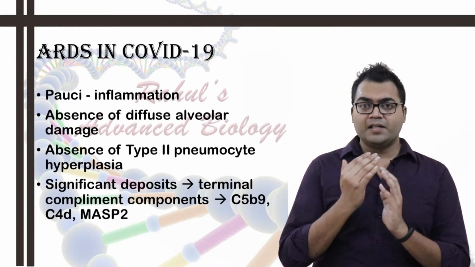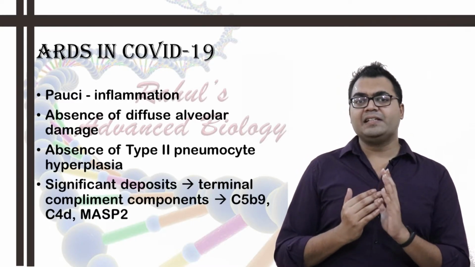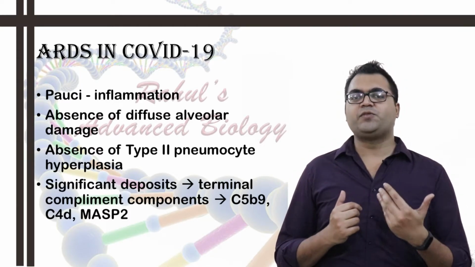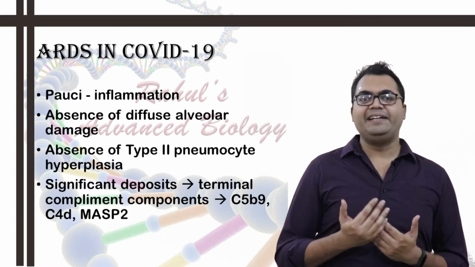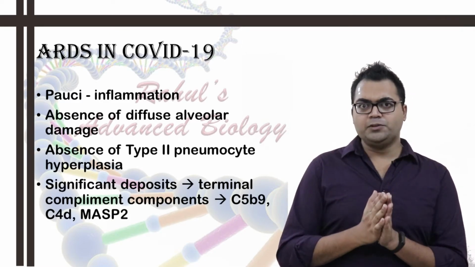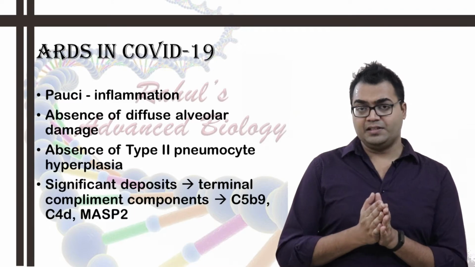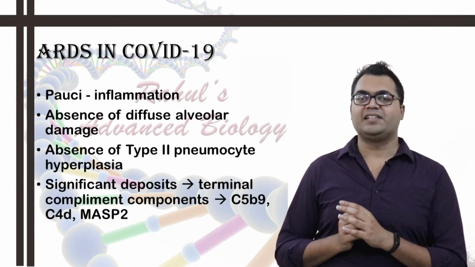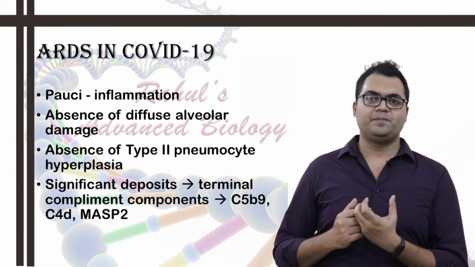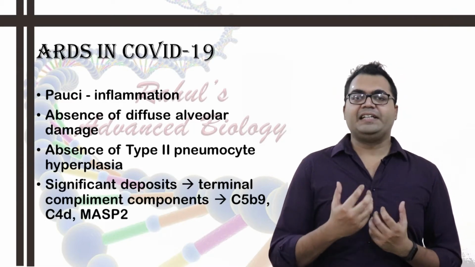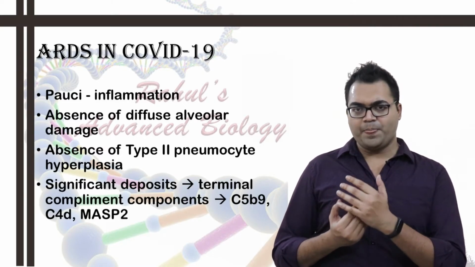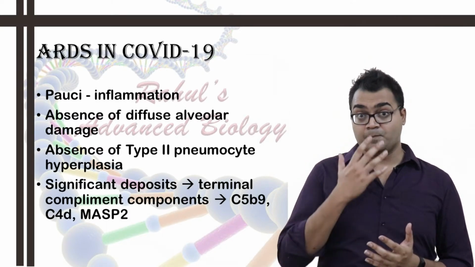Then, what also happens is there has been a paucimmune inflammation, which is found in case of COVID-19 induced or SARS-CoV-2 induced pneumonitis or ARDS. It is a little inflammation, which is not that exaggerated, and doesn't have that much of a hypersensitivity response when you go for IgG mediated immunofluorescence assay.